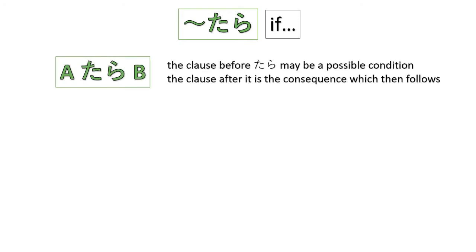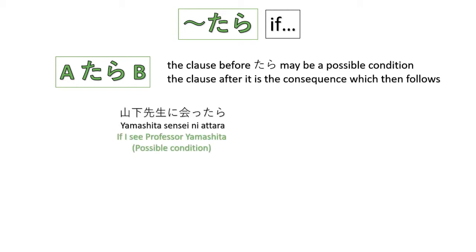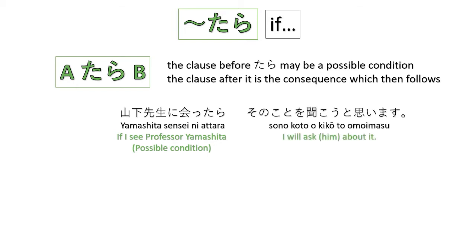Alright, another usage of tara. Sometimes the clause before tara describes a possible condition and the clause after it is the consequence which then follows. Whether or not the condition is actually met is largely an open issue with this set of sentences. So for example, we have this possible condition: Yamashita sensei ni attara, so if I see Professor Yamashita, sono koto kikou to omoimasu.